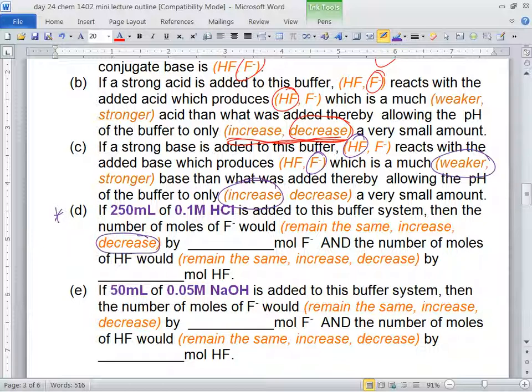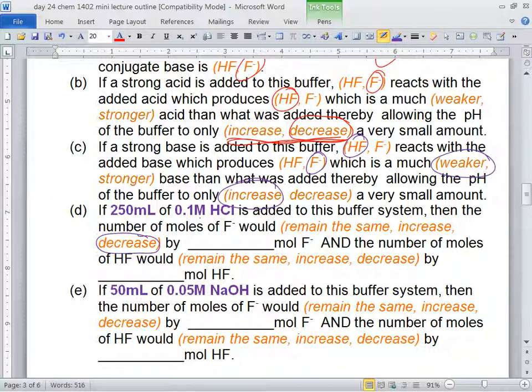By how many moles, though? The exact same number of moles that you added of the acid. Because everything's 1 to 1. So that kind of makes it easy, right? If you had 1 mole of strong acid, well, 1 mole of this conjugate base is going to react. How do you figure out moles if they give you volume and concentration? Yeah, you can multiply.